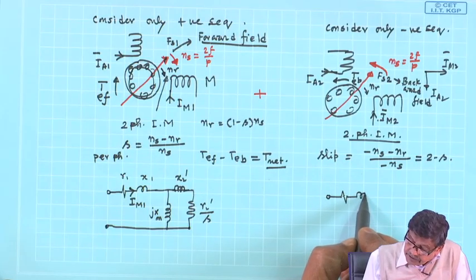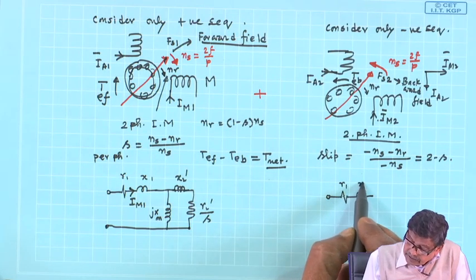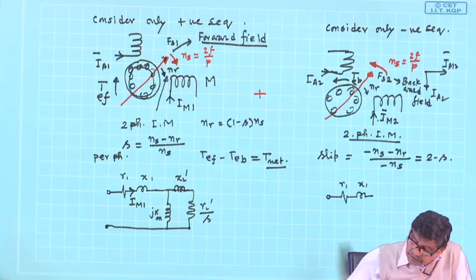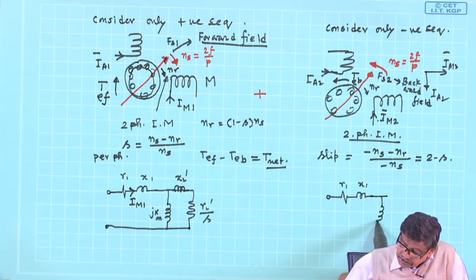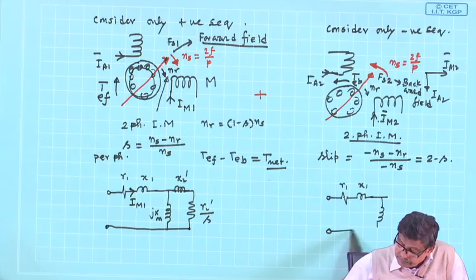stator impedance per phase R1, jX1, and then there is magnetizing branch referred to stator.